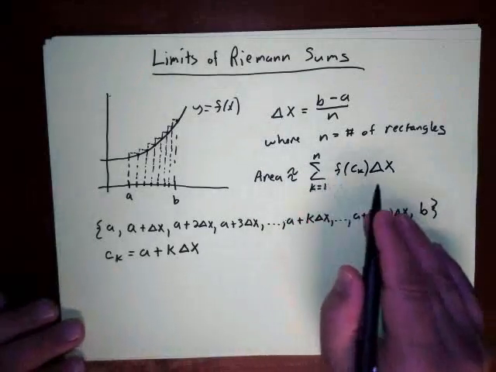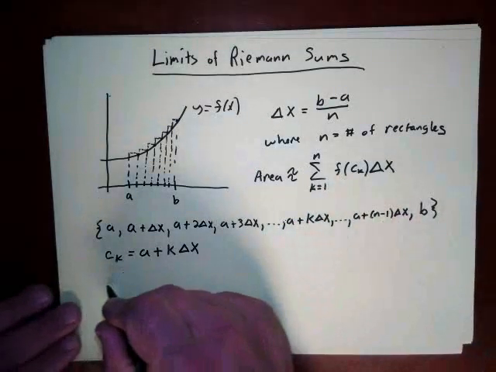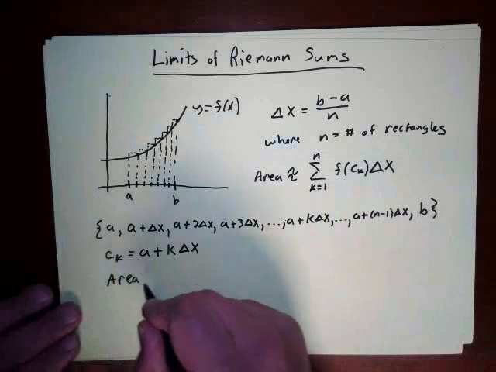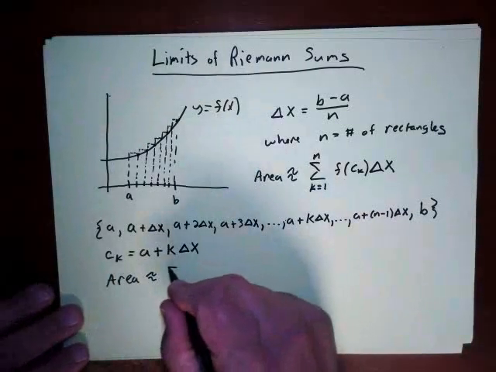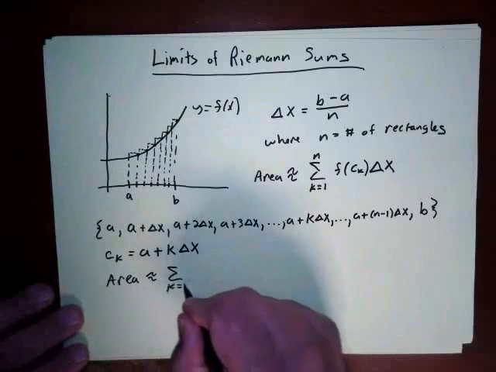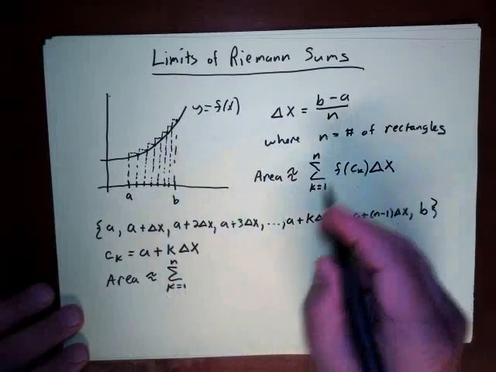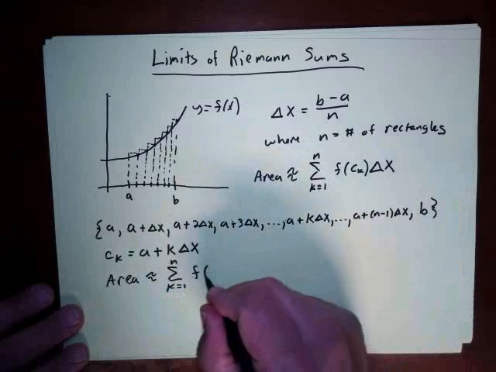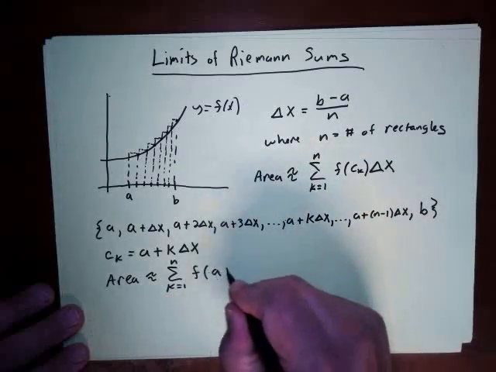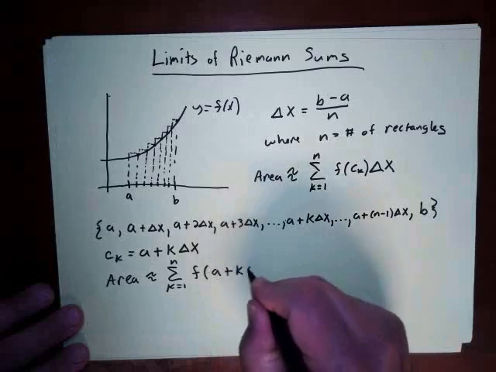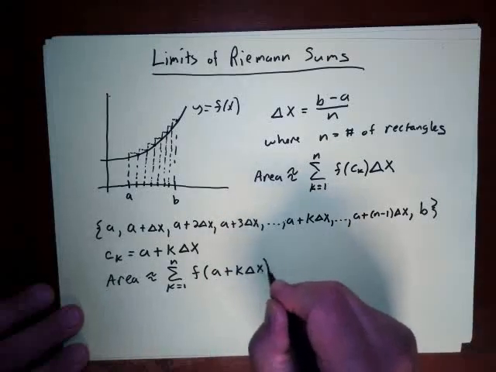And so plugging it into this, my Riemann sum here would be like the area is approximately equal to the sum as k equals 1 to n of f of a plus k times delta x.